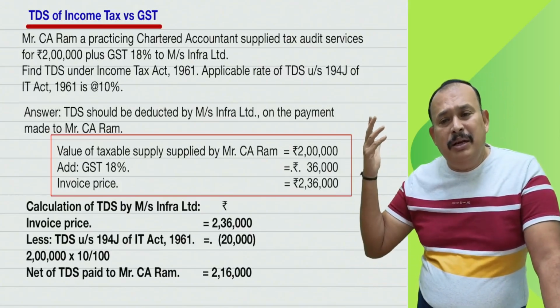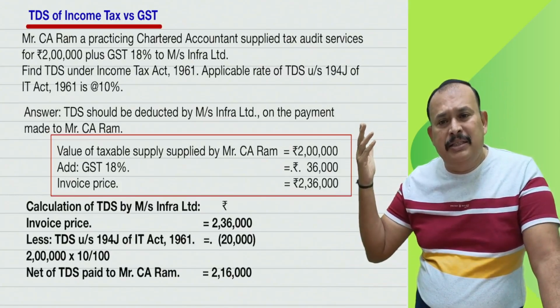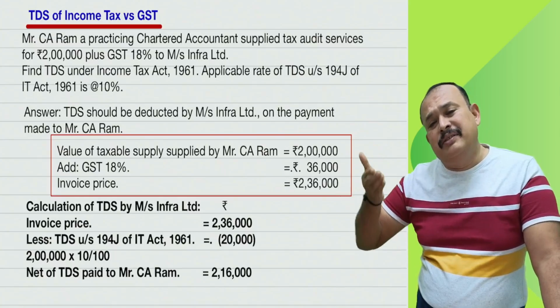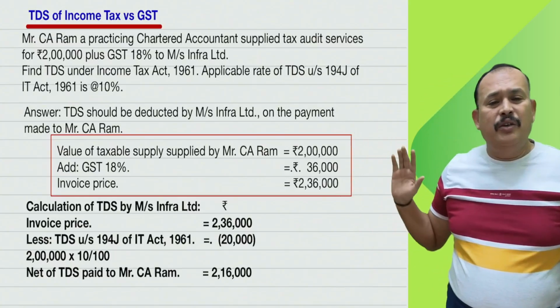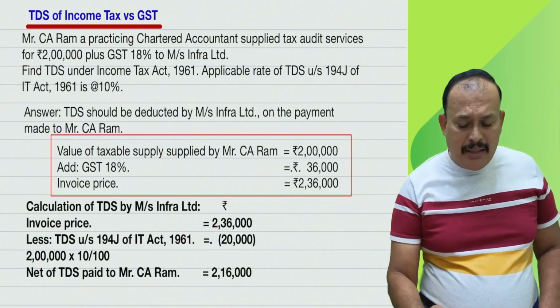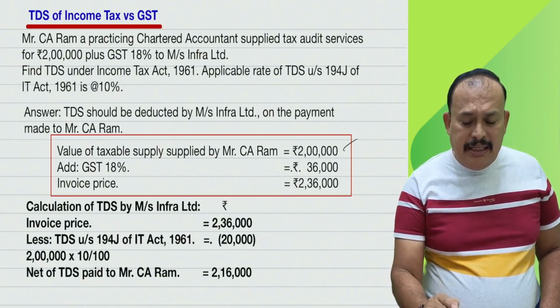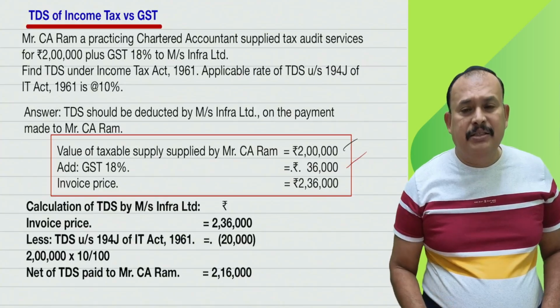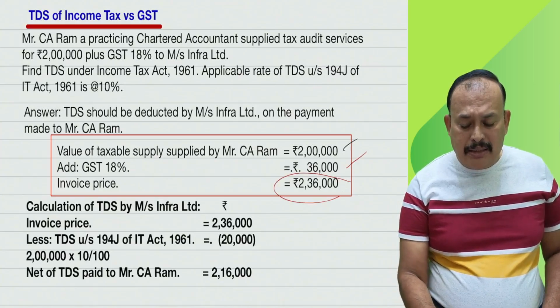What is the time limit in the Income Tax Act to deduct the TDS? The book entry or payment entry, whichever is earlier. What is the value of supply? 2 lakhs. GST is 36,000. Totally 2 lakh 36,000. Is that clear?